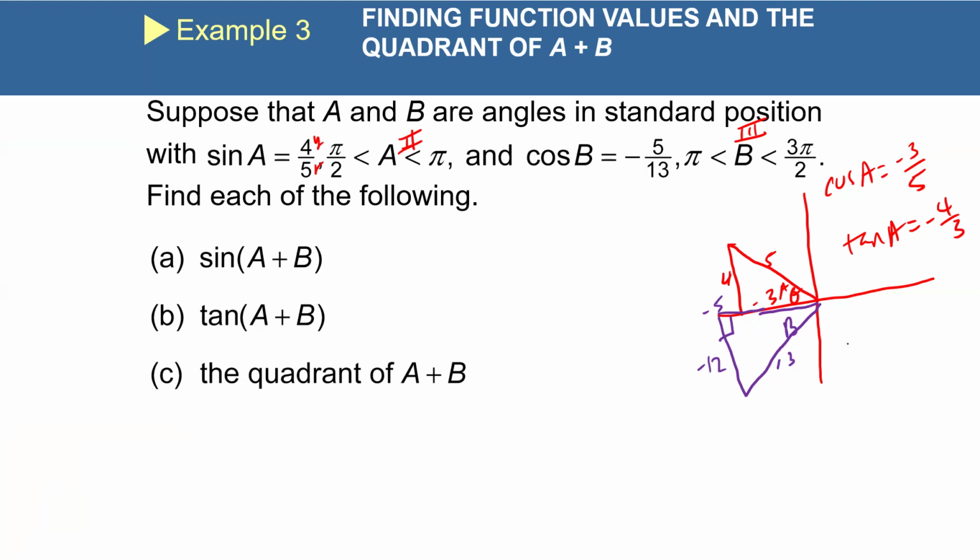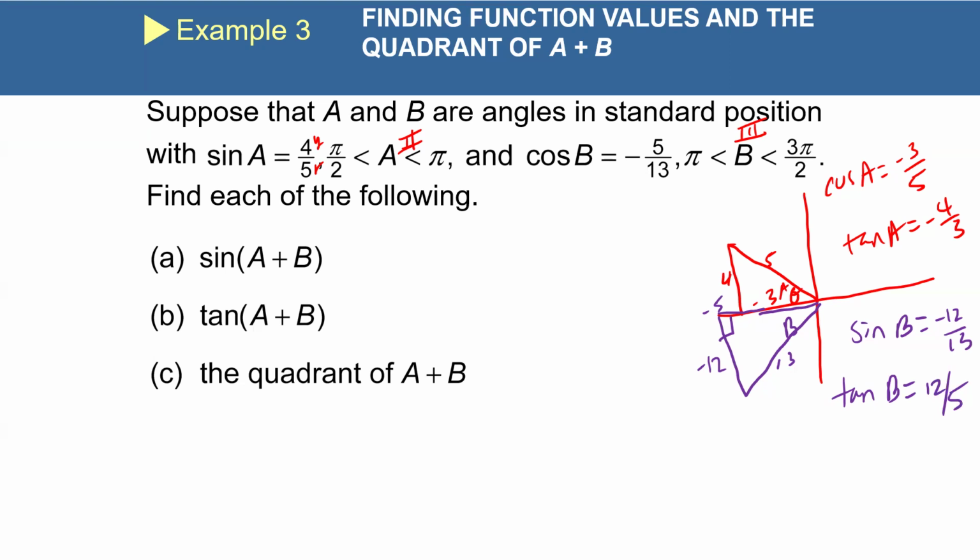All right. So for angle B, we have sine of B would equal what? -12/13. And then we have tan of B would equal a negative divided by negative, which is a positive. And we're in quadrant 3, so tangent is always positive.